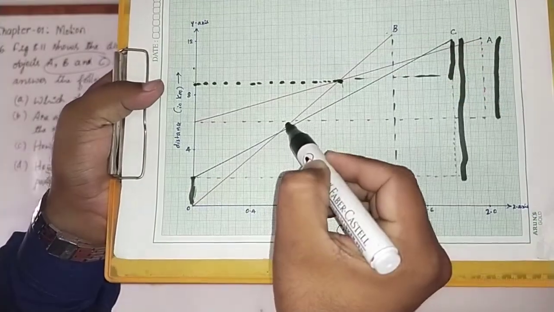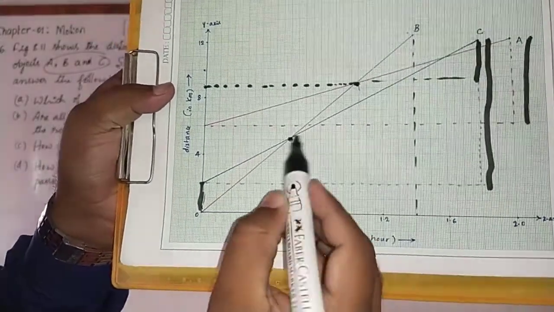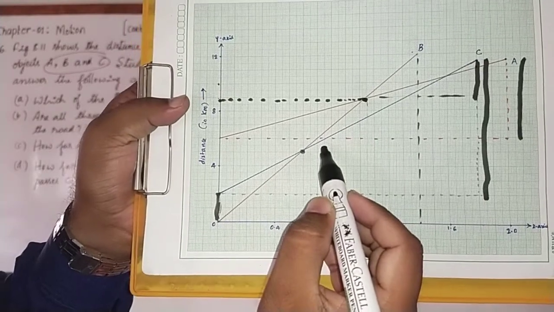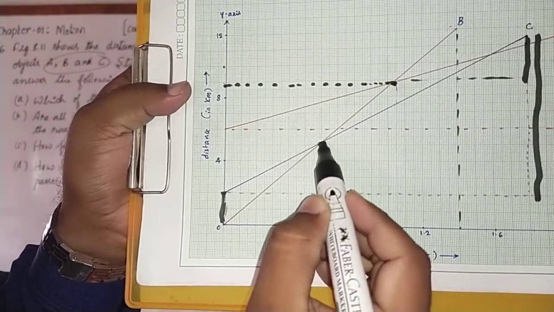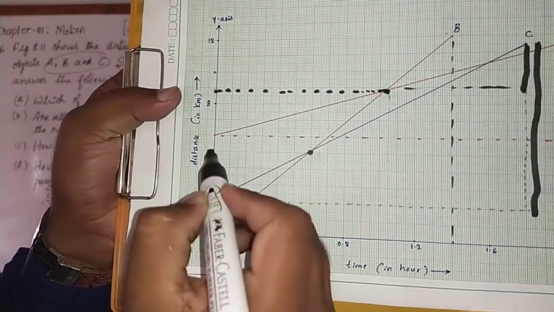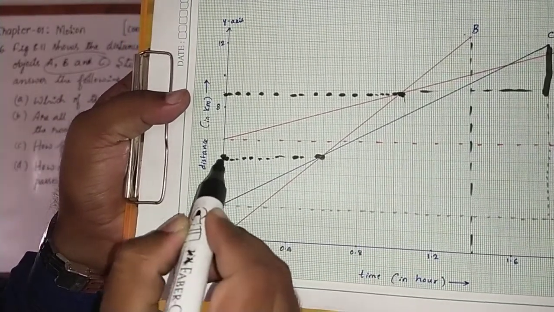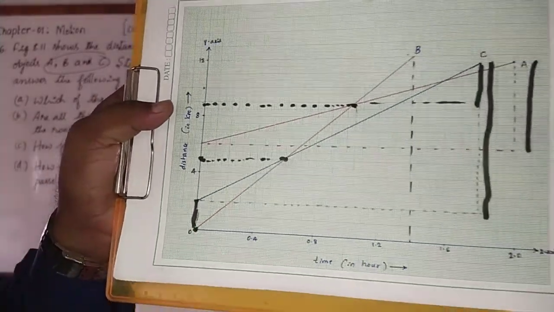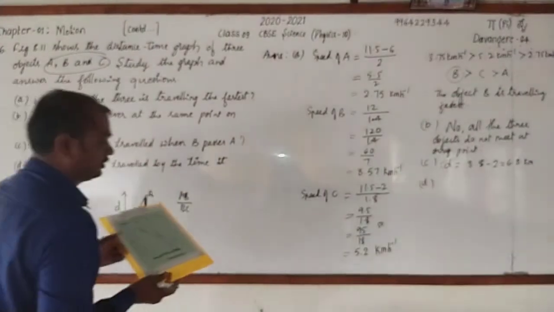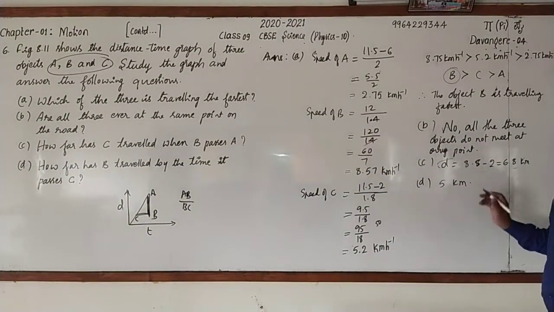This red is of B. Blue is of C. This is the point, B from here. Now let me draw the dotted line. It will intersect at a point, that is 5. So 5 kilometer. Got it? Yes.